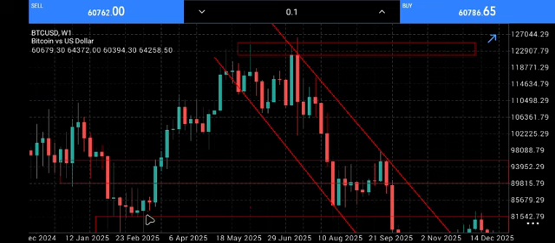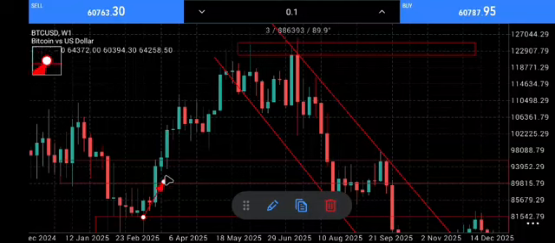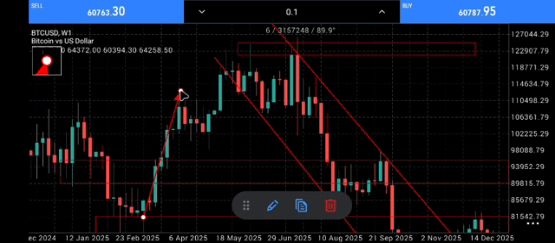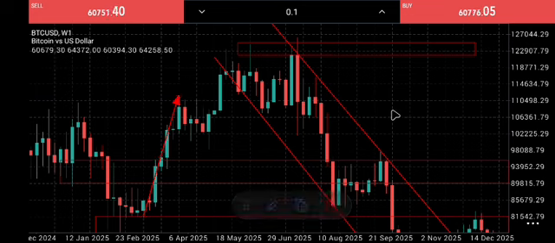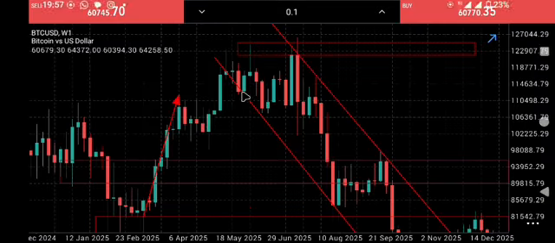It started from this support area, then it got up to here, and then we had a pullback.